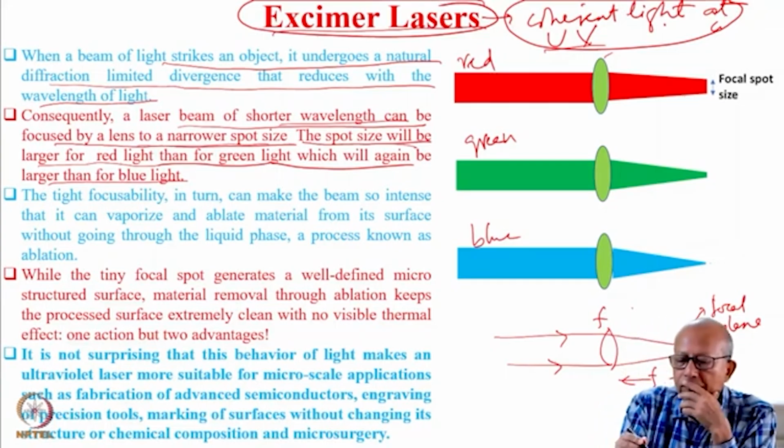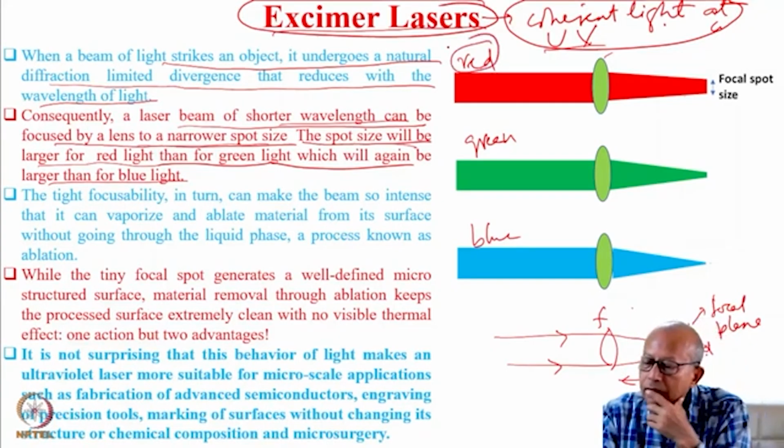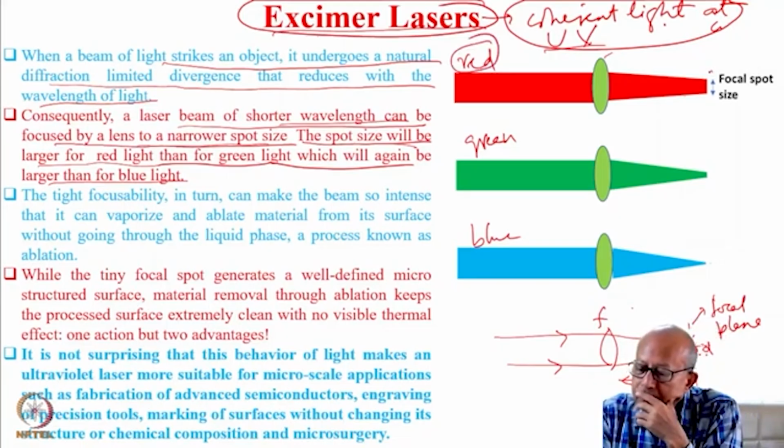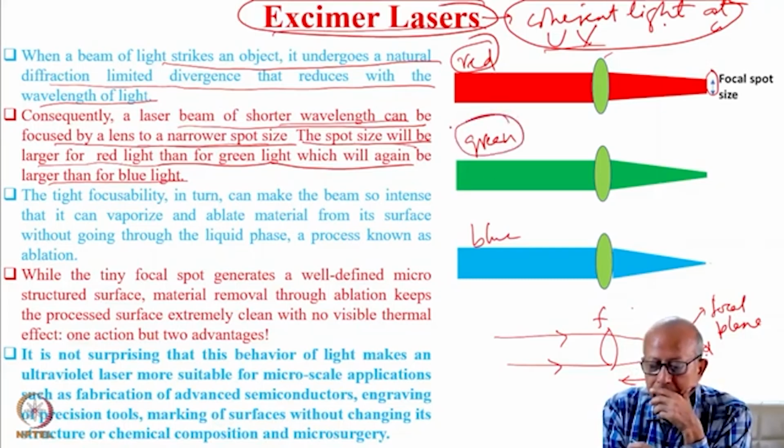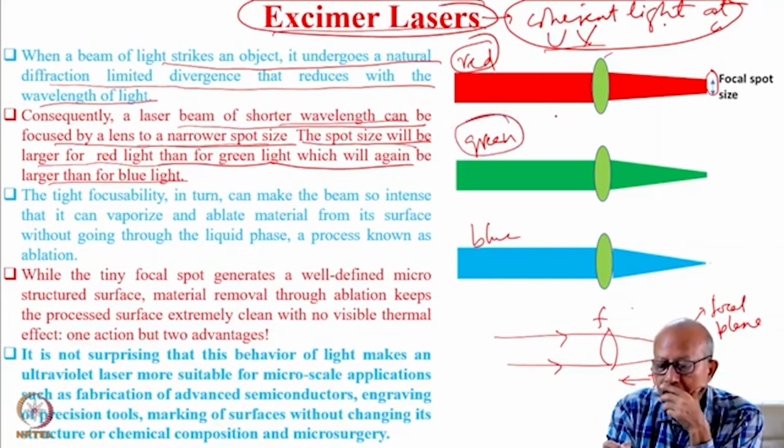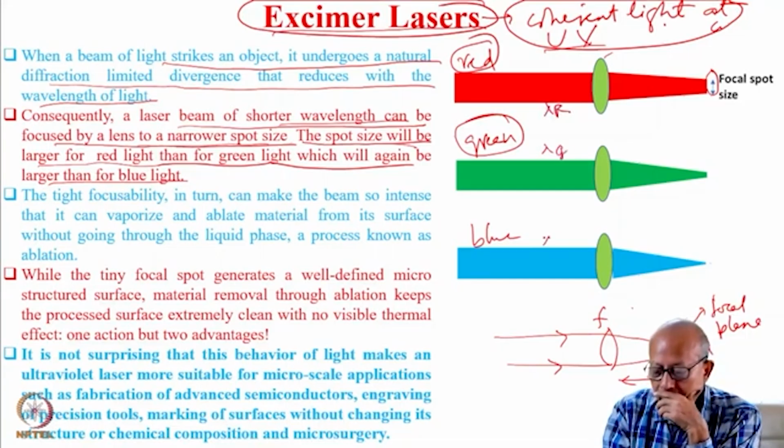So if you have red light, then the focal spot diameter will be more than if you have green light, because the wavelength of red is more than the wavelength of green, which is more than the wavelength of blue.